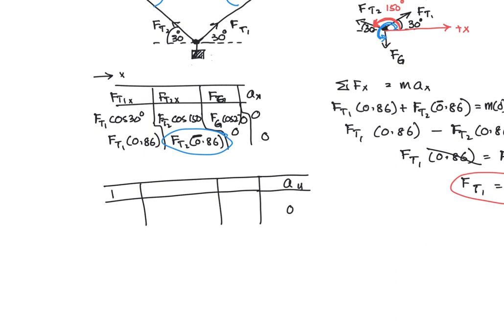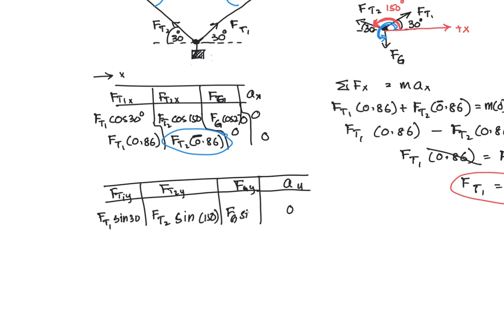Once you set the x table, setting up the y table is pretty easy. FT1y, FT2y, and Fgy, and all you have to do is change cosine into sine, because we have measured everything with respect to the positive x direction in the counterclockwise direction. That is why our lives are easier, since we follow the rules here.